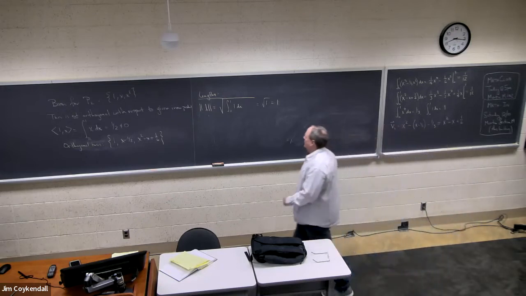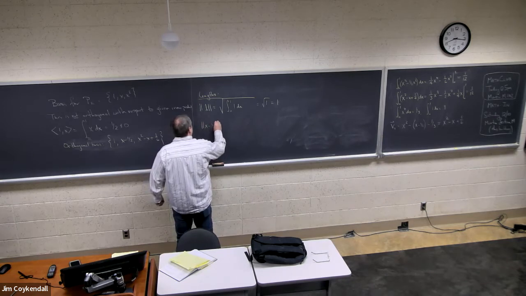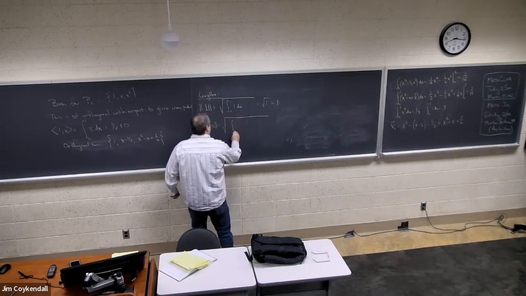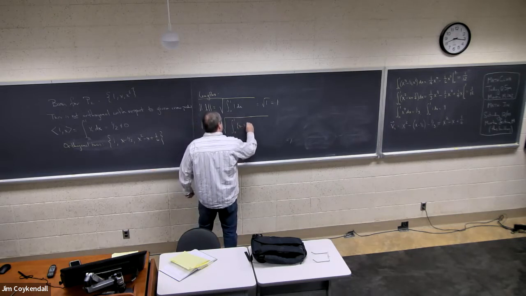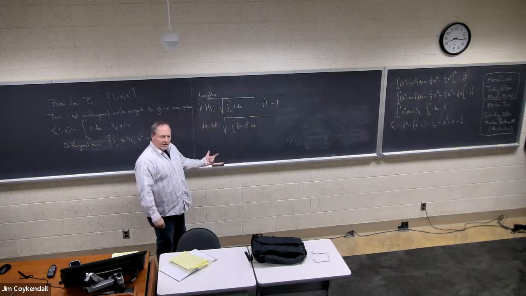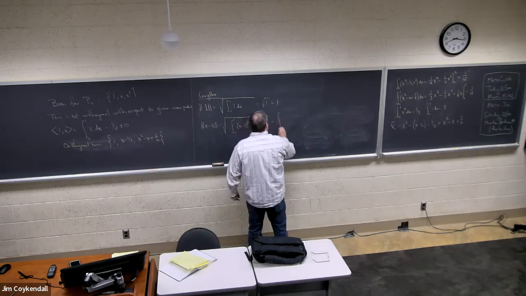The second one, you gotta take the inner product of the vector with itself and take the square root of what you get.